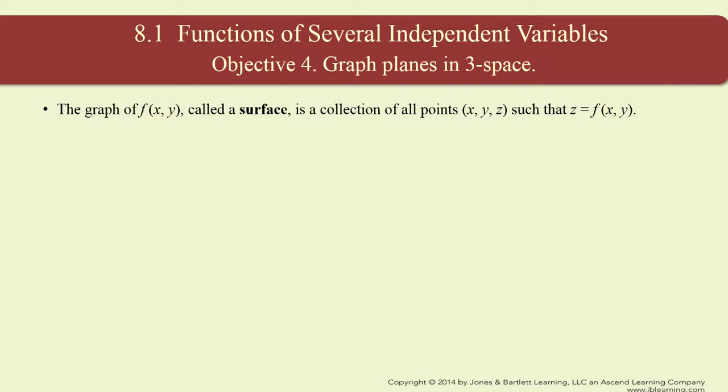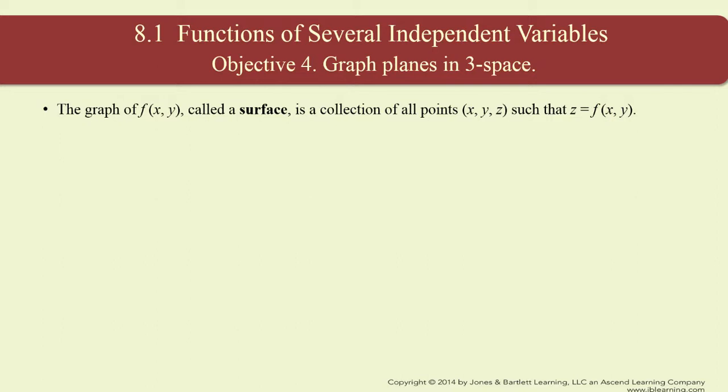It's very difficult to draw these things, but I do want you to know that the graph that's taking place in 3 dimensions is called a surface. And, quite simply, it's just a collection of points x, y, and z, where z is f of x, y. So z is the dependent variable, and x, y are the independent variables. Very difficult to graph these things.